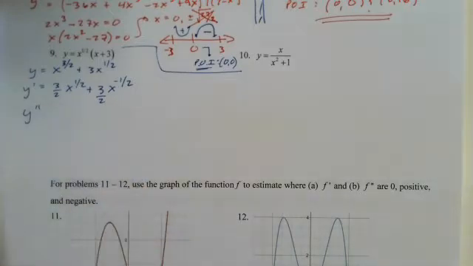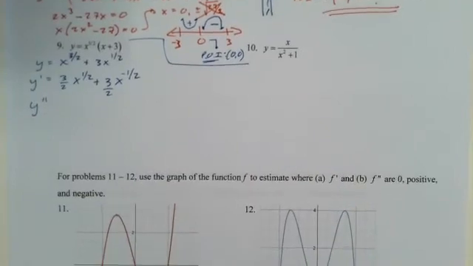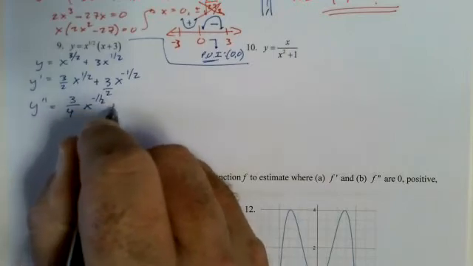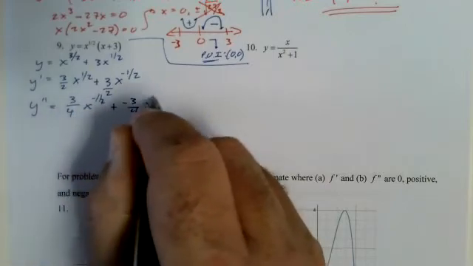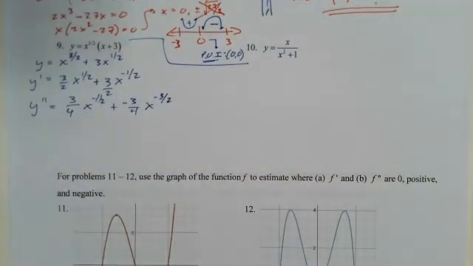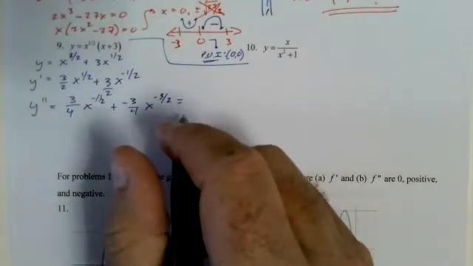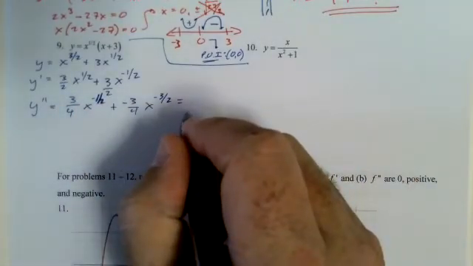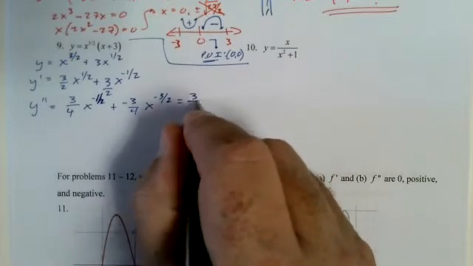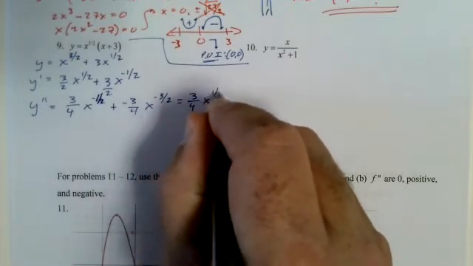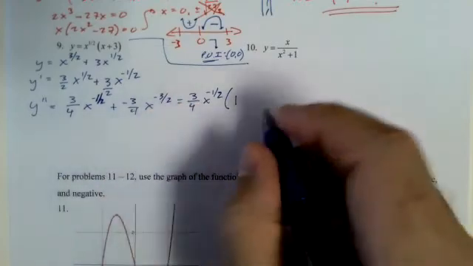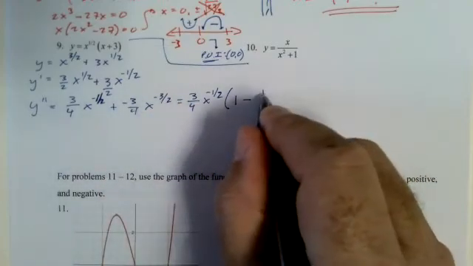Y double prime equals 3/4 x to the negative 1/2 plus negative 3/4 x to the negative 3/2, equals, let's take out 3/4 x to the negative 1/2. So leaves me 1 minus 1 over x.